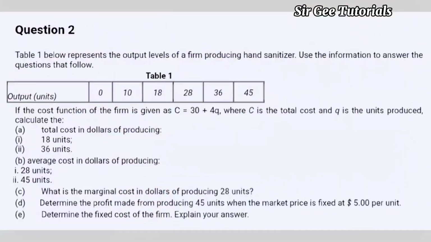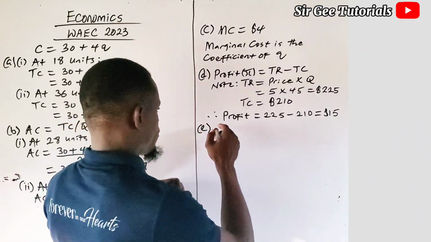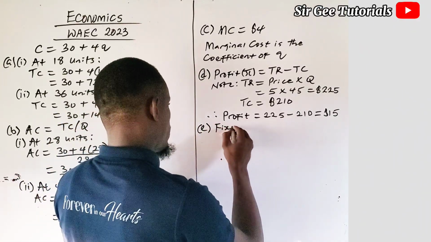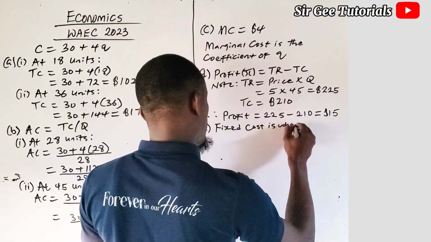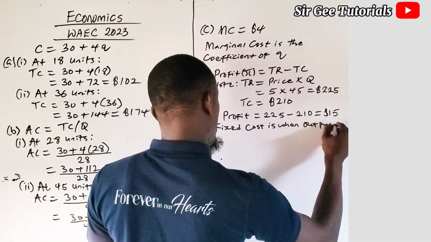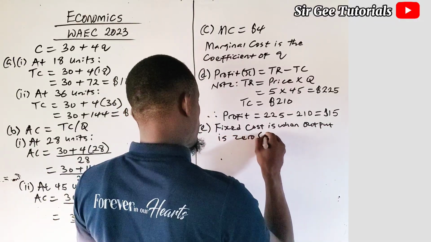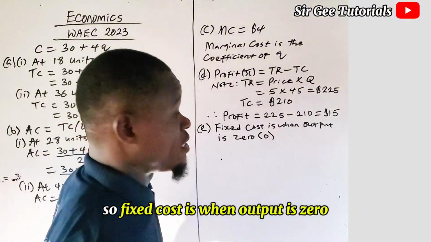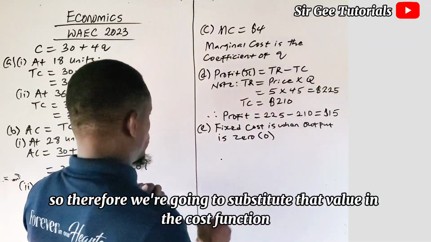E question says, determine the fixed cost of the firm. Explain your answer. Now note that fixed cost is when output is 0. So fixed cost is when output is 0. So therefore, we are going to substitute that value in the cost function.